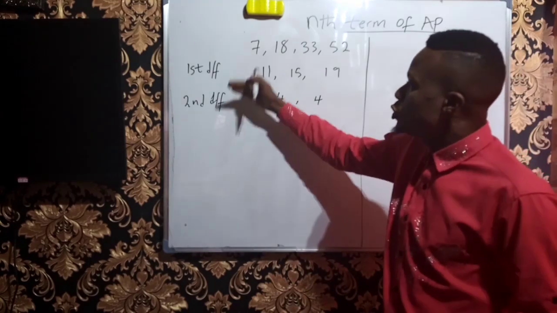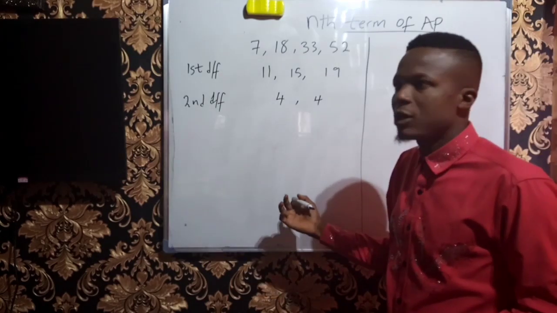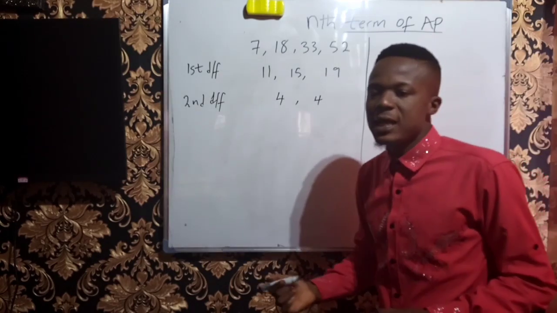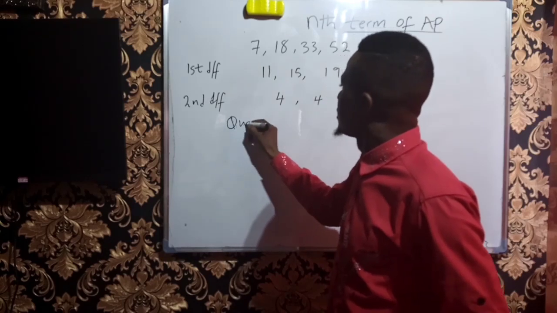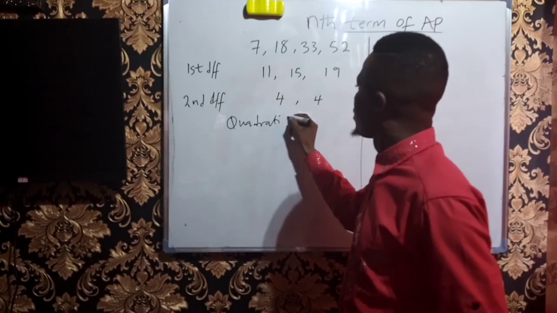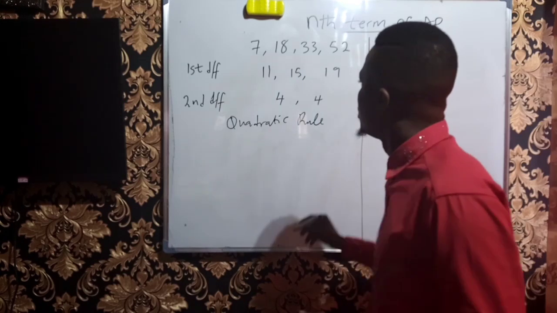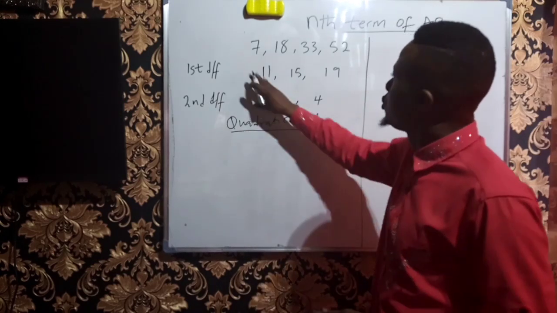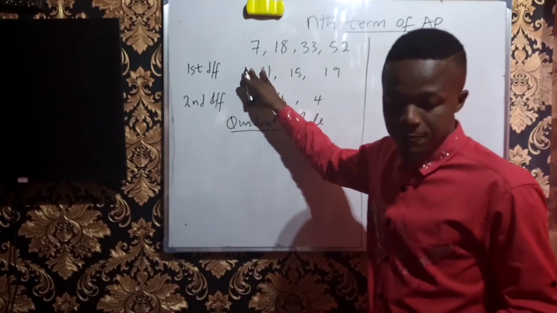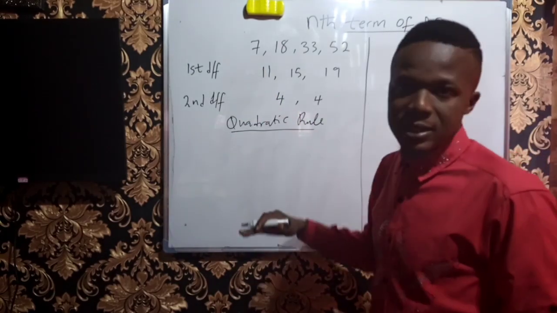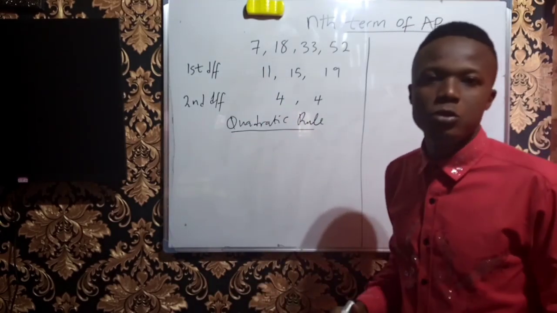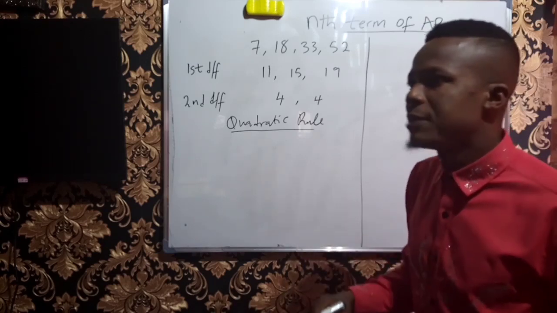So since we go 2 times to get the common difference, it means that this is a quadratic sequence. So we are going to use the quadratic rule to get the nth term of this particular sequence. If you go 3 times to get it, it means you are using the cubic rule, if you go 4 times, and so on.